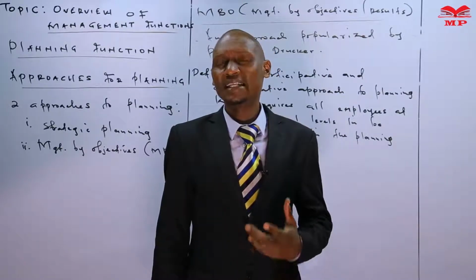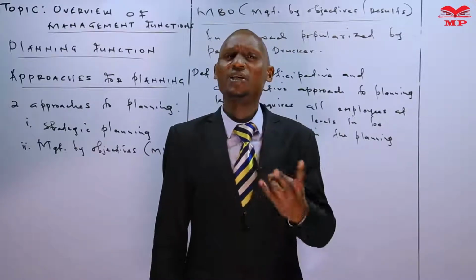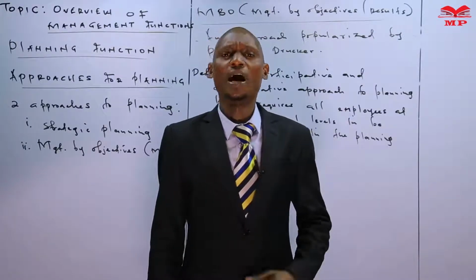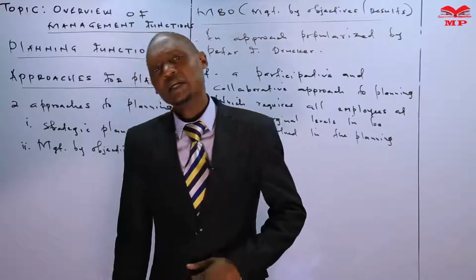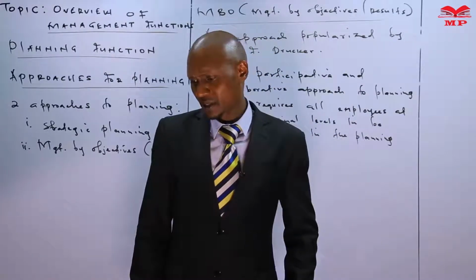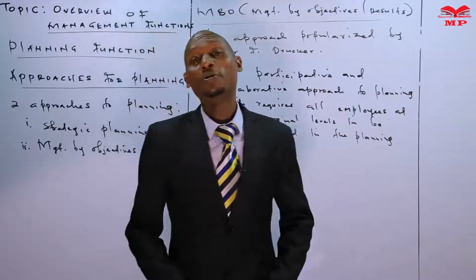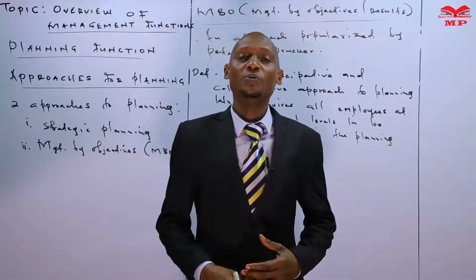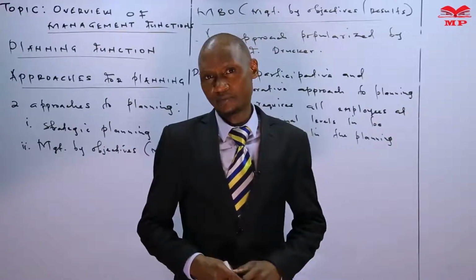What informs this kind of a planning approach? Peter Drucker identifies two main things which make it a preferable approach to planning. The assumptions made by Peter Drucker as to why it is a preferred approach to planning are that people perform better when they know what is expected of them and when they can relate the individual goals to the organizational goals.